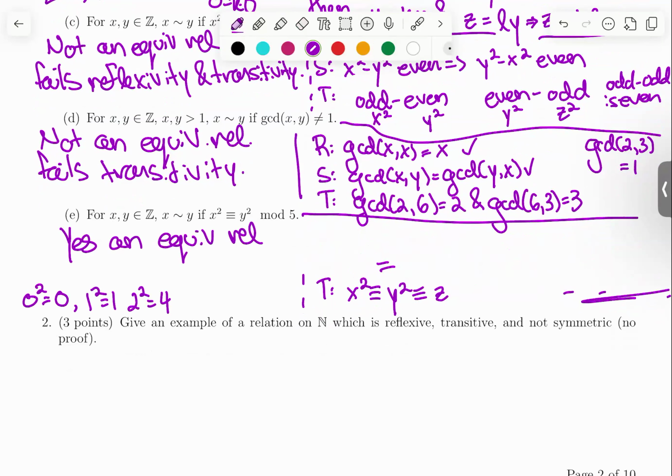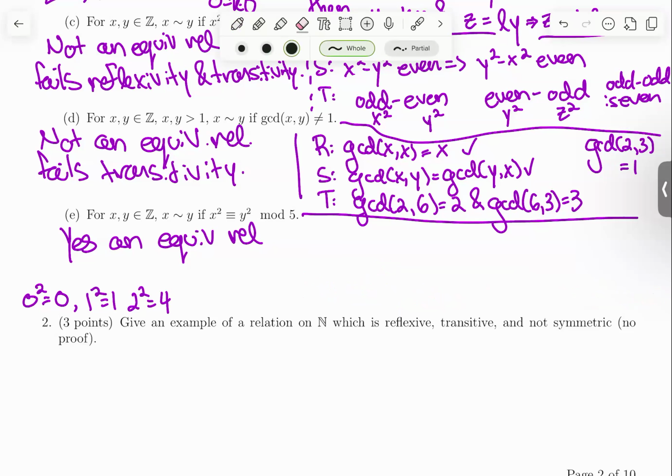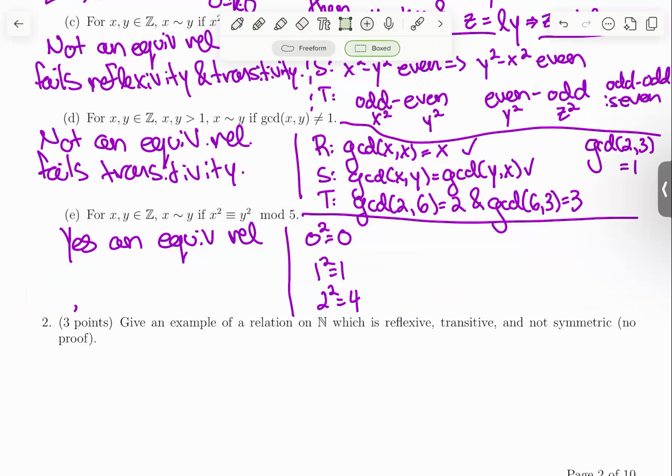But again, you didn't need to write all of that anyway for this. I probably didn't need to write it either because y'all probably believe me that that's an equivalence relation. I mean, you proved it on your last homework. Okay, so 0 squared, 1 squared, 2 squared.